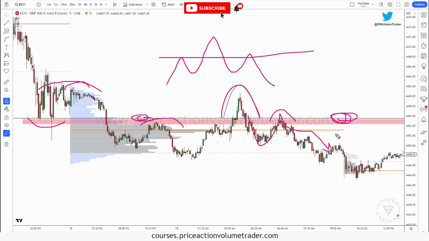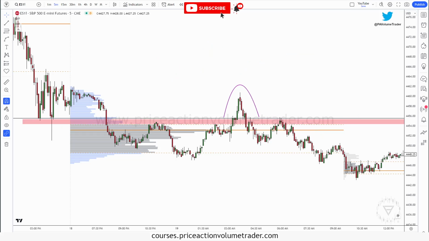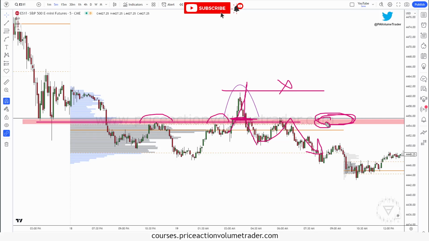Okay, so in this case, you can see that instead of just blindly trying to go short again here, because we had resistance once, twice, instead of blindly trying to short the open in the London hour, we can just wait, and if market closes back down below this level, then we know that we can have a clear risk right here, and then just look to get short again as long as this area keeps getting rejected and respected as resistance again.